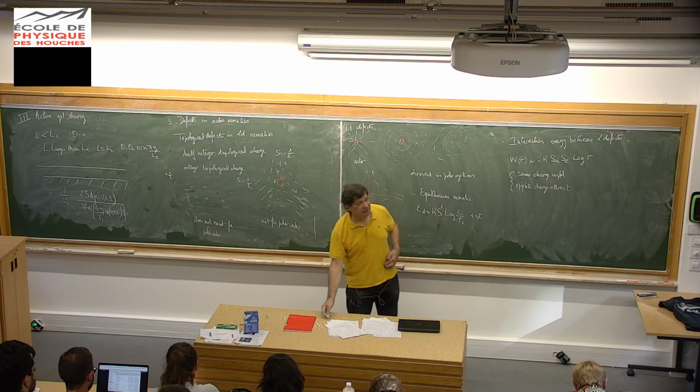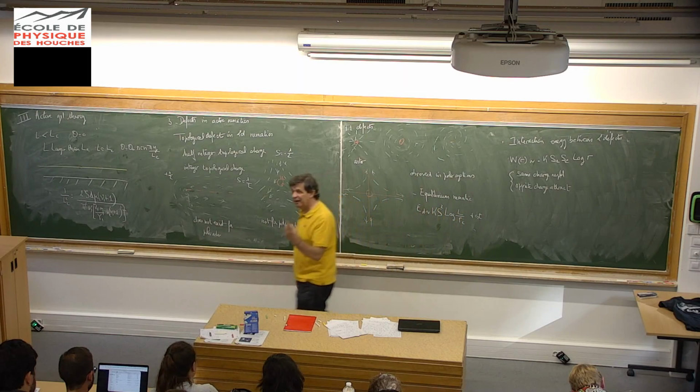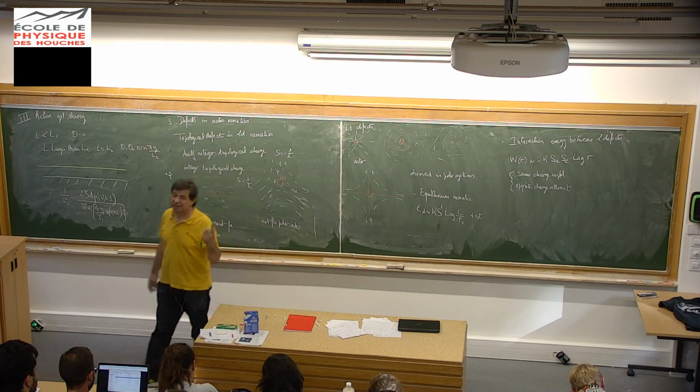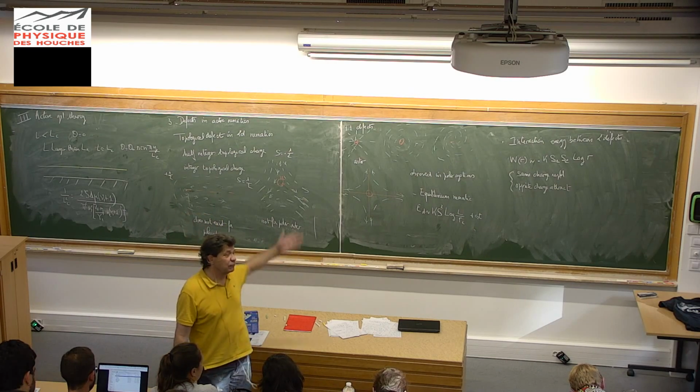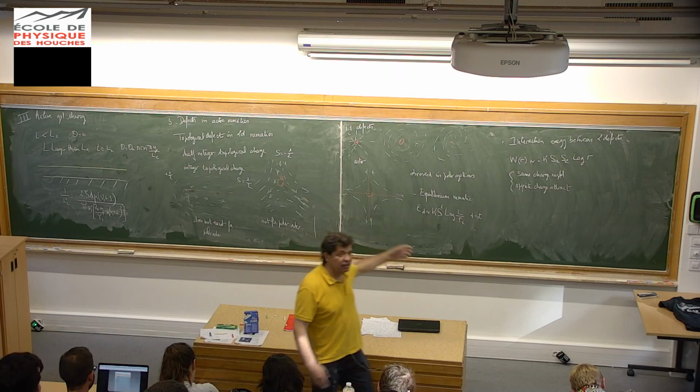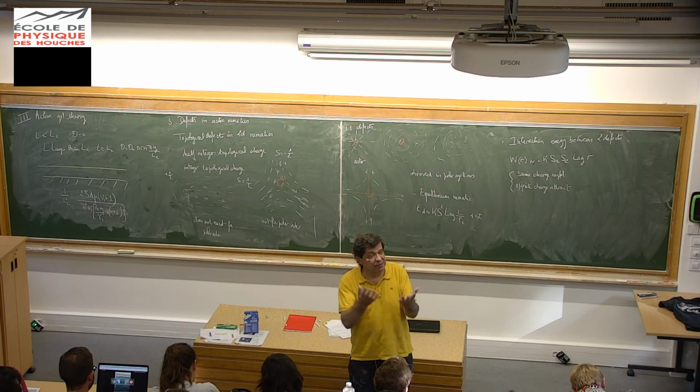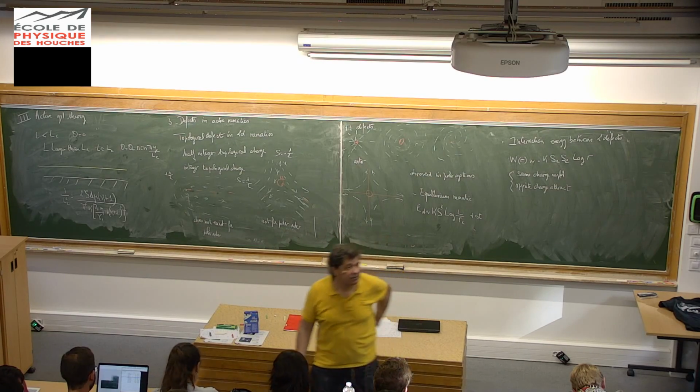Now, this tells you that a plus 1/2 and a minus 1/2 defect will attract, and if they come too close, they can annihilate, and then you have to conserve the topological charge, and by continuous deformation, you can eliminate a plus 1/2, minus 1/2 pair of defects.